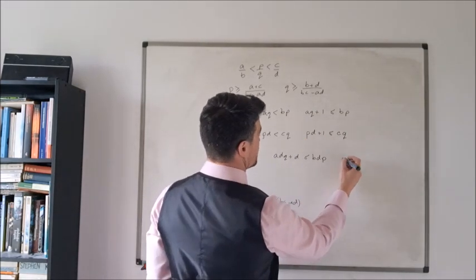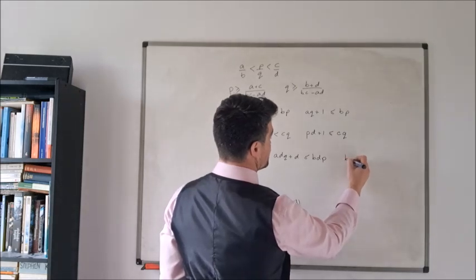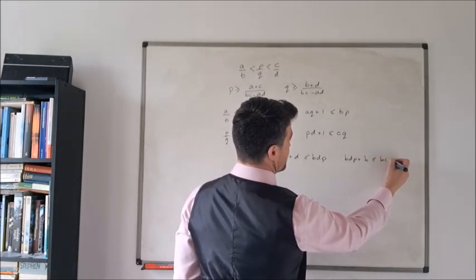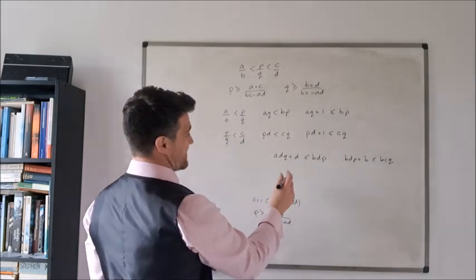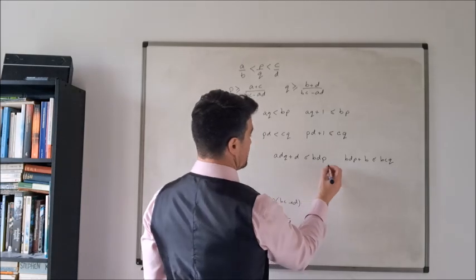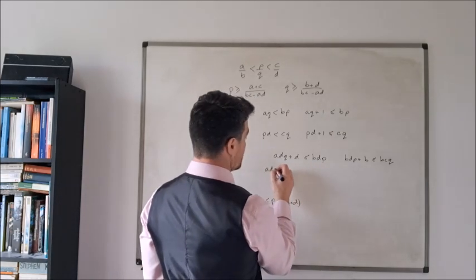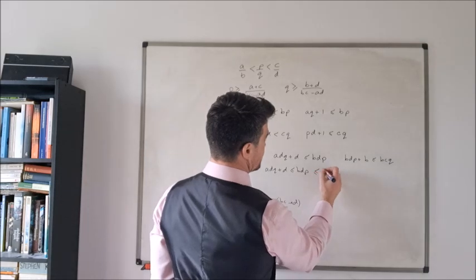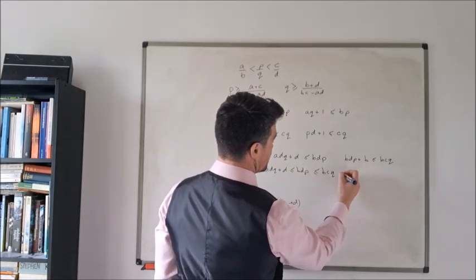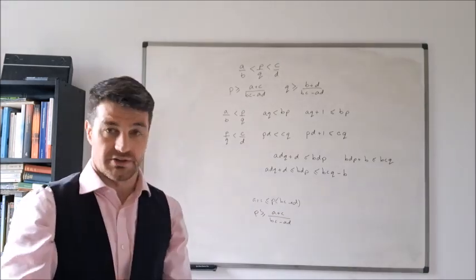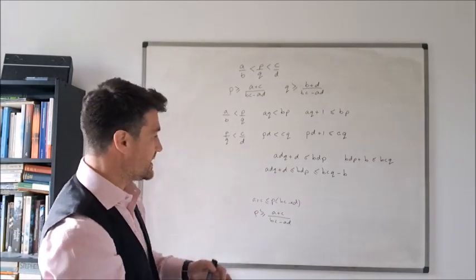By B. So I get BDP plus B is less than or equal to BCQ. And it's going to be basically the same thing, right? So ADQ plus D is less than or equal to BDP is going to be less than or equal to BCQ minus B.